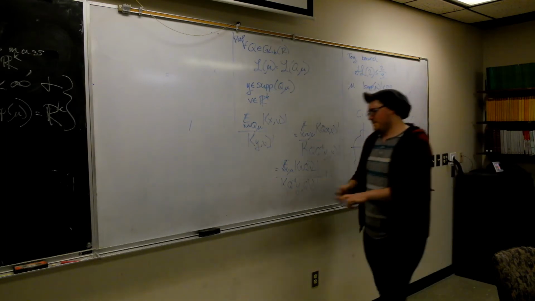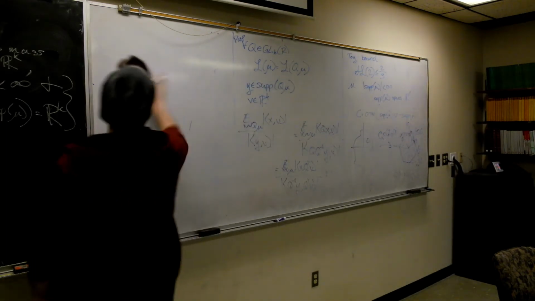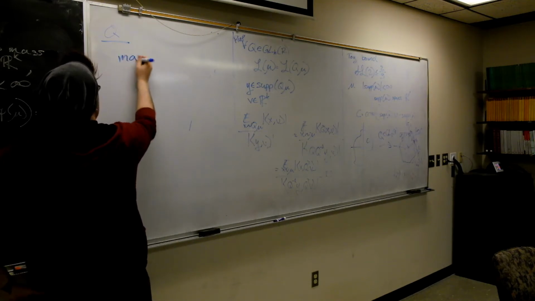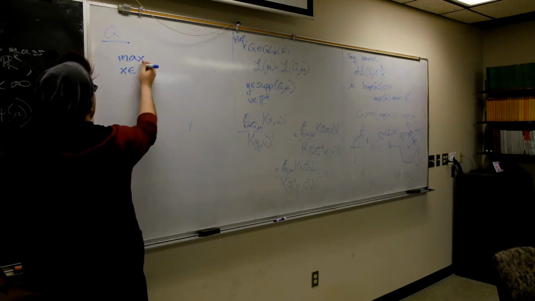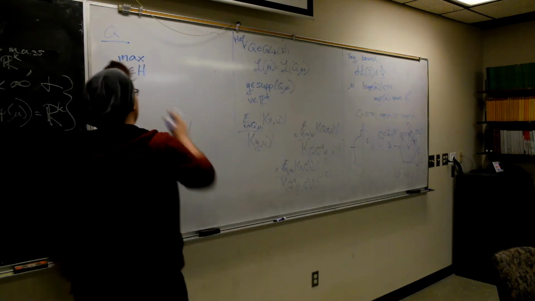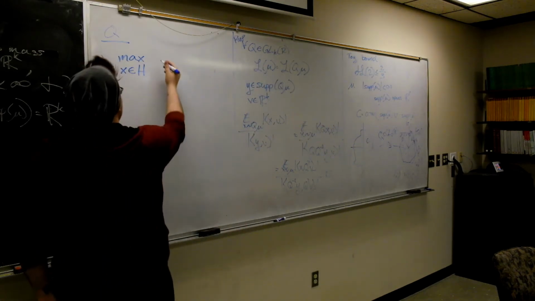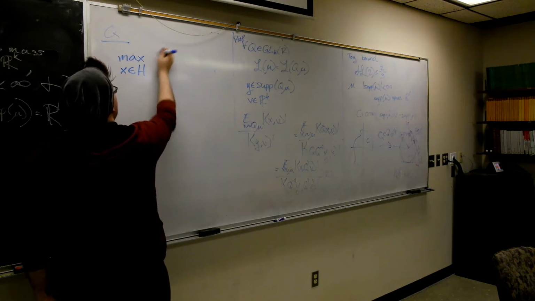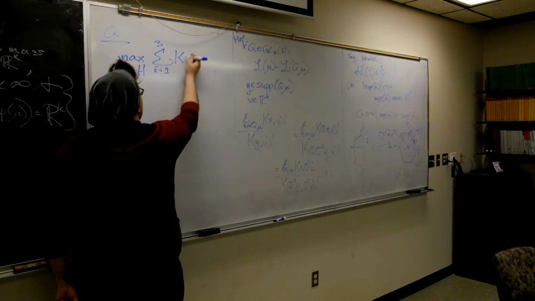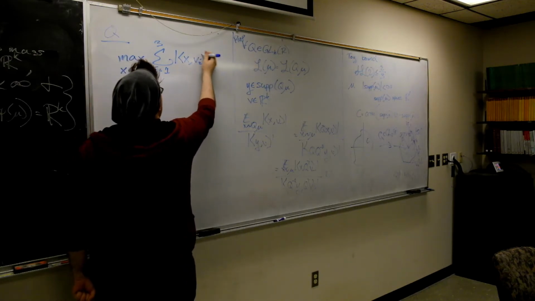All right, so now here's our question. It's the maximum substitution question. What is the maximum over all x inside the hexagon, forgetting about Q times C for a second, of the sum, i equals 1 up to 3, of the absolute value of the inner product of x with Vi?